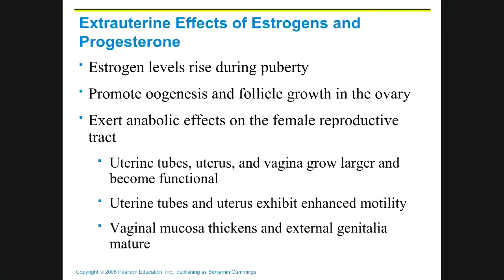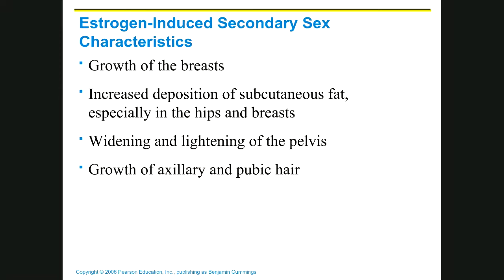All of those secondary sex characteristics are going to happen. And so we're going to get these what are called extrauterine effects. And so we're going to get anabolic effects on all of these organs, as well as the development of these secondary sex characteristics.